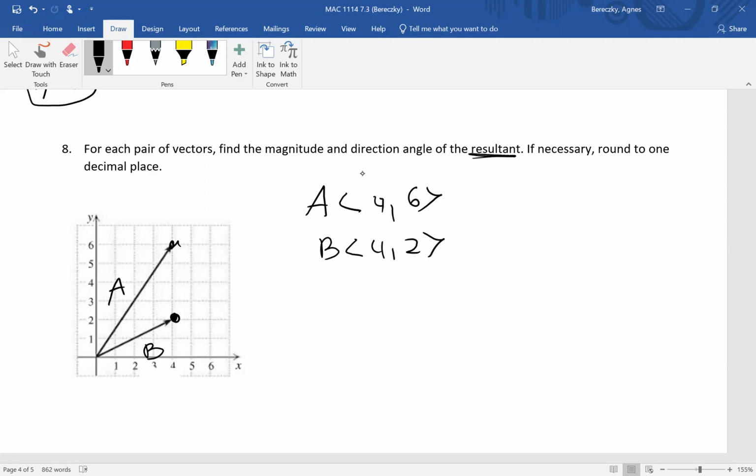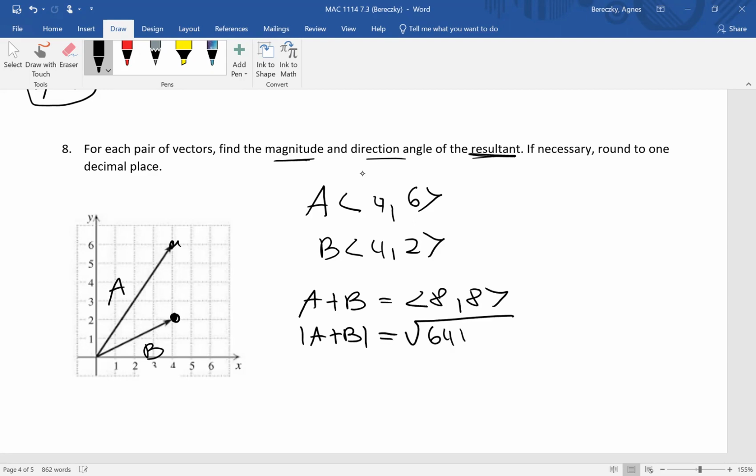Resultant means sum. A plus B equals 8, 8. Find the magnitude and the direction angle of the resultant. So magnitude will be square root of 64 plus 64, square root of 128, which is about 11.3.